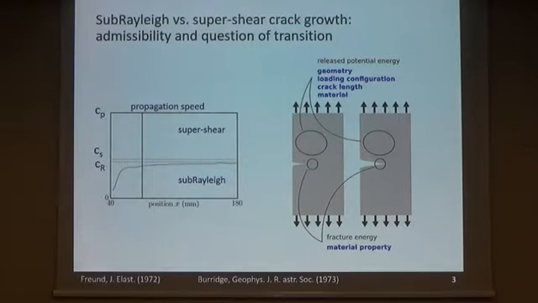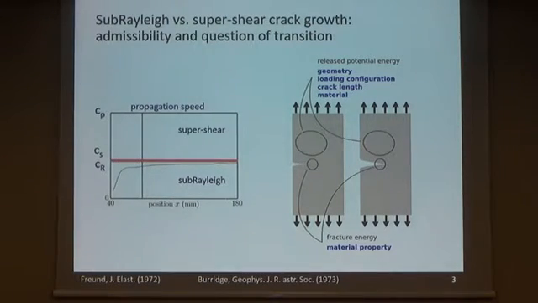As soon as you have CR speed, you actually have 0 energy dissipation, which is physically a little problem, and especially if you get in between the Rayleigh wave speed and the shear wave speed, your crack is emitting energy, which is physically inadmissible, and that's why this area is often called inadmissible area.